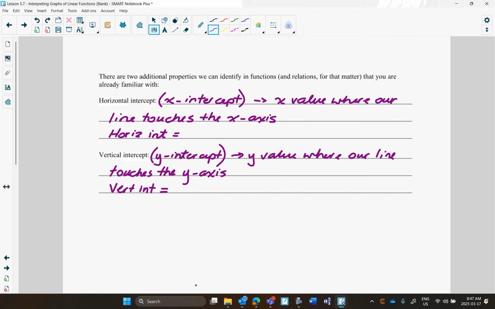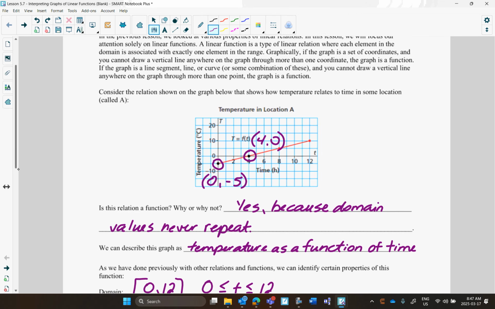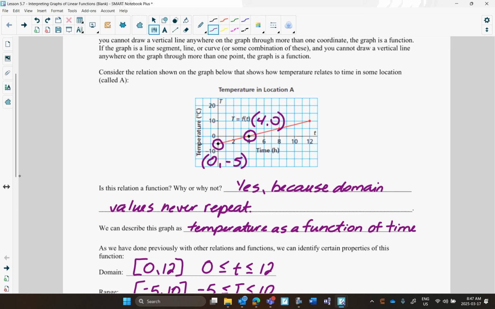So the horizontal intercept of this one would be the x value where our graph touches the x-axis. Here's the x-axis. Here's where it touches. The x-intercept or horizontal intercept is 4. For the vertical intercept, here's our y-axis.